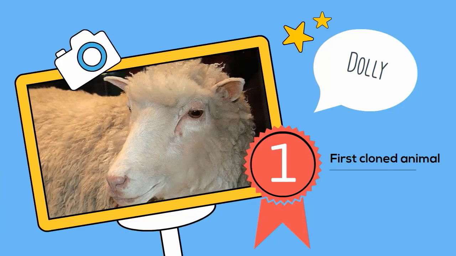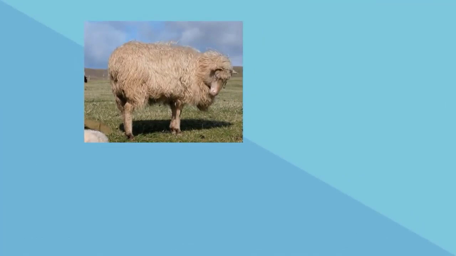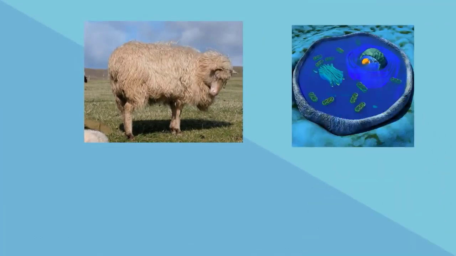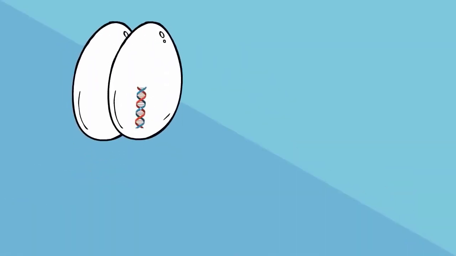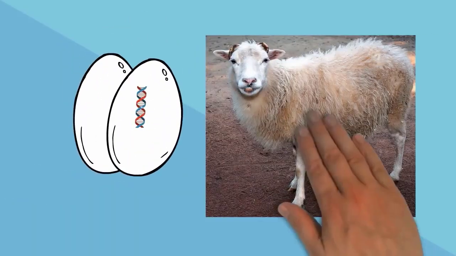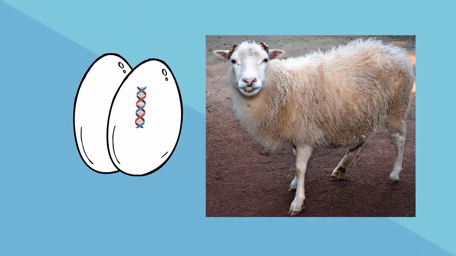Here's what happened. Step 1 was to remove a cell from the udder of sheep number 1. They then took this cell back to the laboratory and starved it in order to force it into an almost embryonic state. Next, they took an egg from another sheep, we'll call it sheep 2, and removed the nucleus.